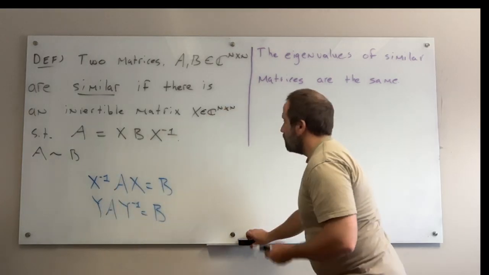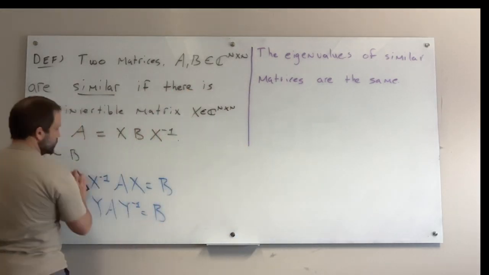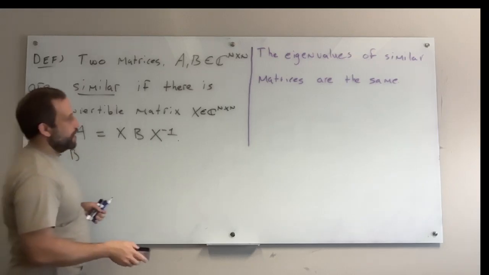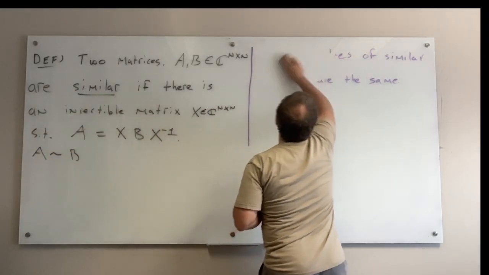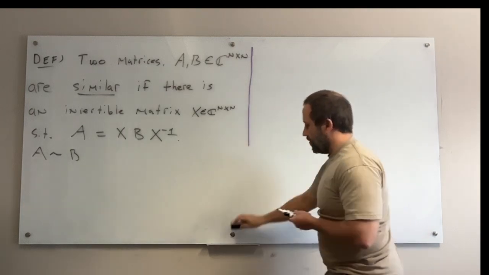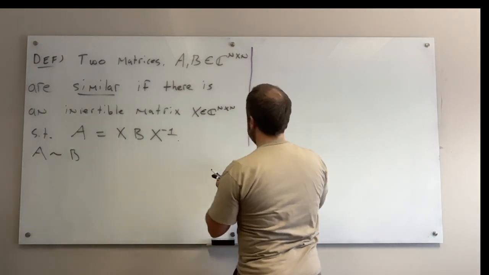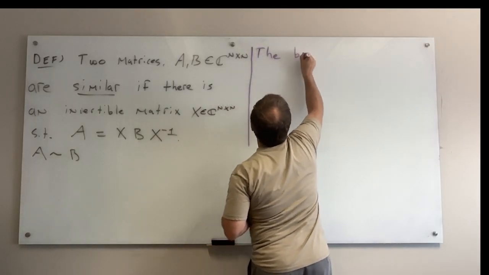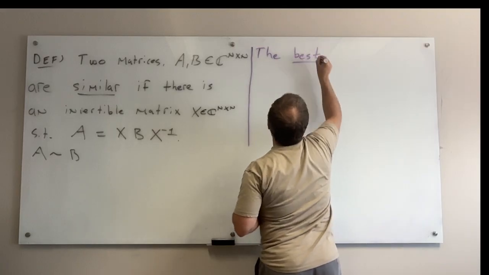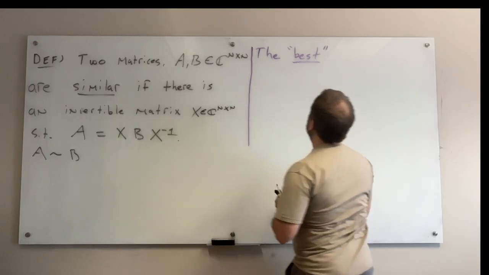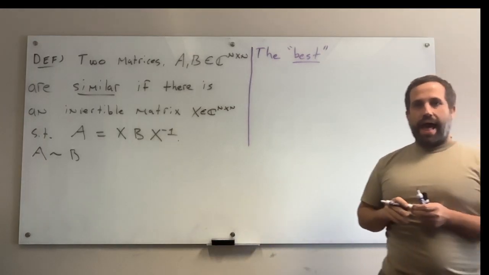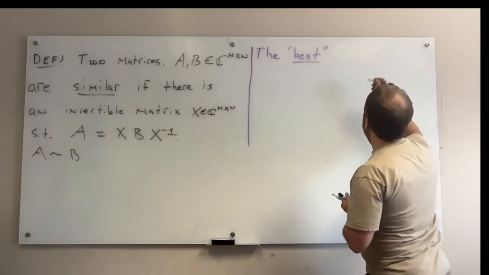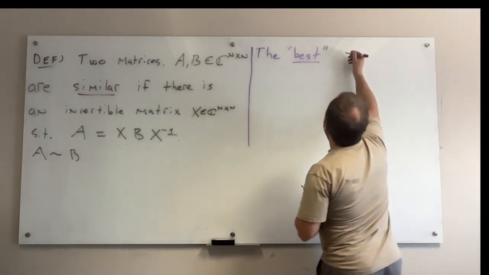I'm going to try to leave this here just so we can have this as a reference. So the easiest similarity relationship, the "best" — I'm going to both underline best because it really is good when this can happen, and put air quotes around best because everybody gets to decide what's best.